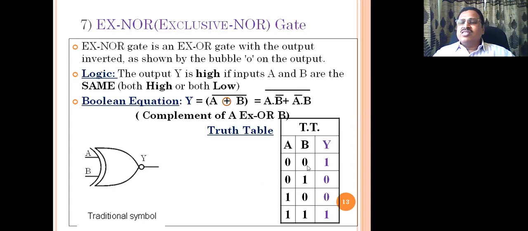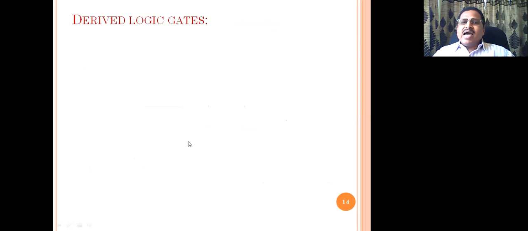That means for 0 0 output 1, for 0 1 output 0, for 1 0 output 0, for 1 1 output goes 1. If you repeat the truth table of XOR gate with the last column inverted, 1 at the place of 0 and 0 at the place of 1, that brings the truth table for the XNOR gate. Is this clear?